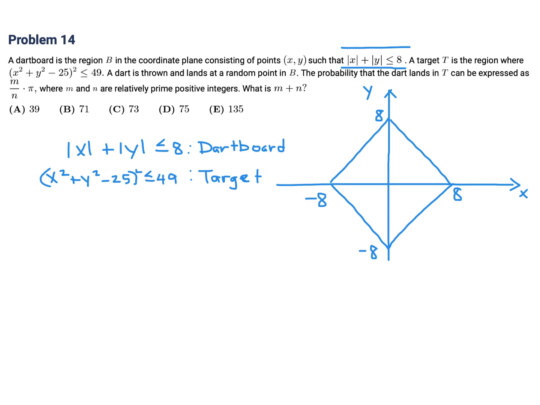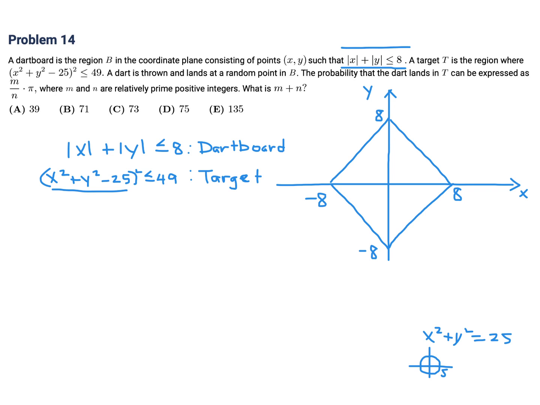So that basically means that we've got a circle here, a circle, I guess, of radius 5. If you have x squared plus y squared is equal to 25, that's basically a circle centered at the origin that has a radius of 5.